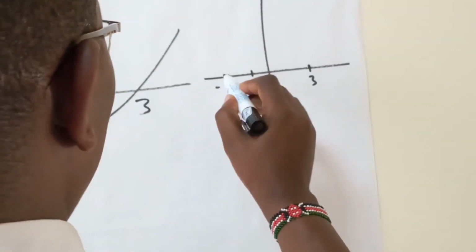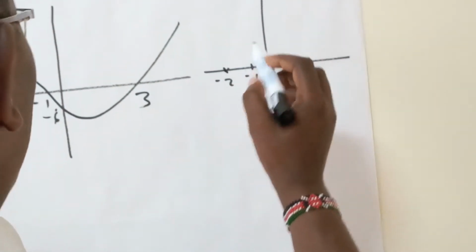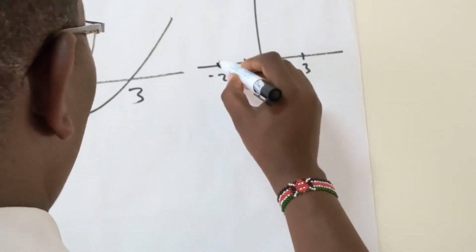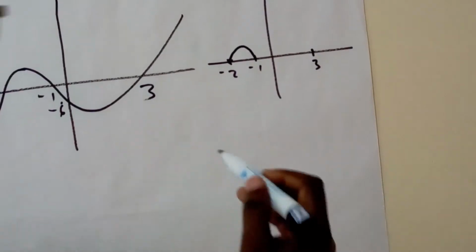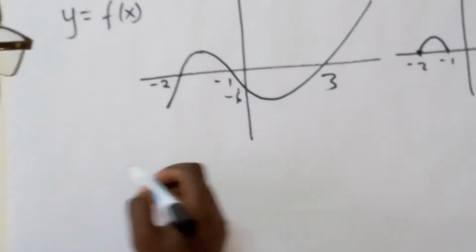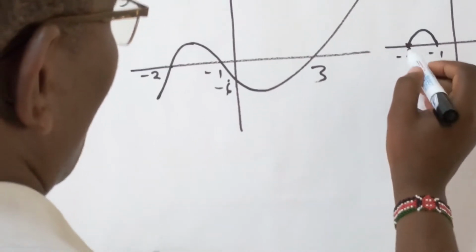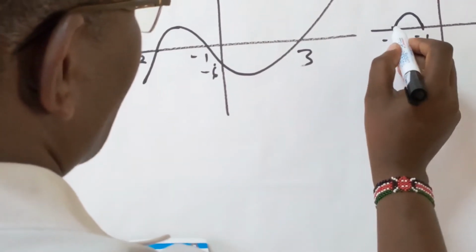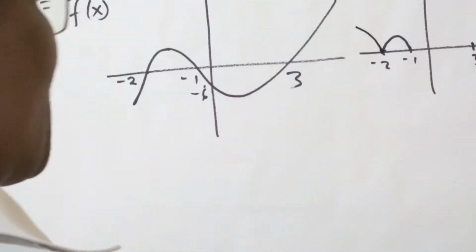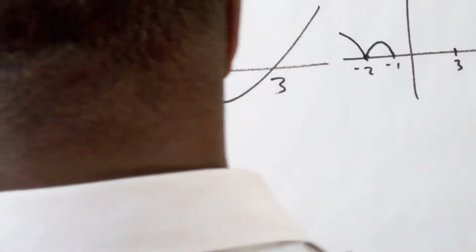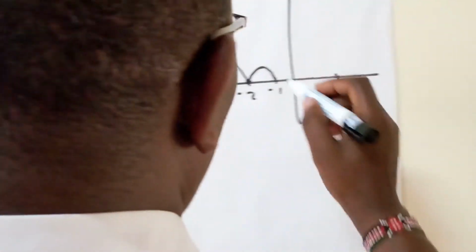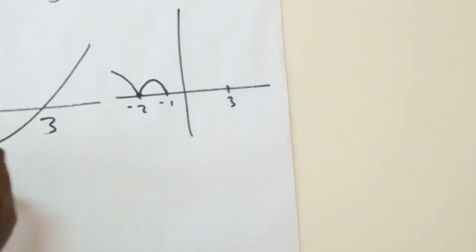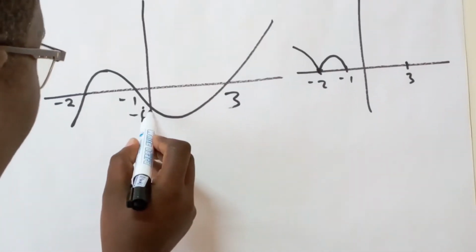But the upper part, all parts that are in the positive value, remain in the positive value. You realize that from this particular part to the left is on the negative value, so it is this part that is reflected onto the positive value. Between -1 and -6, we had gone to the negative value of y.